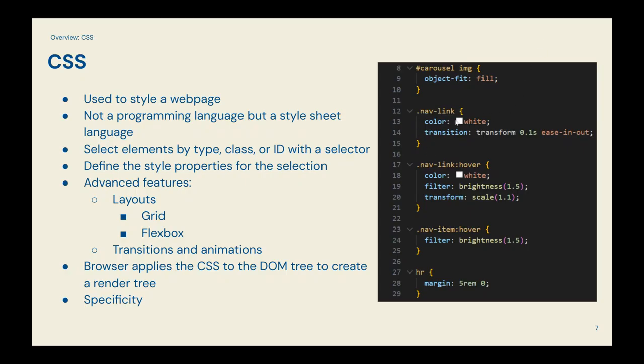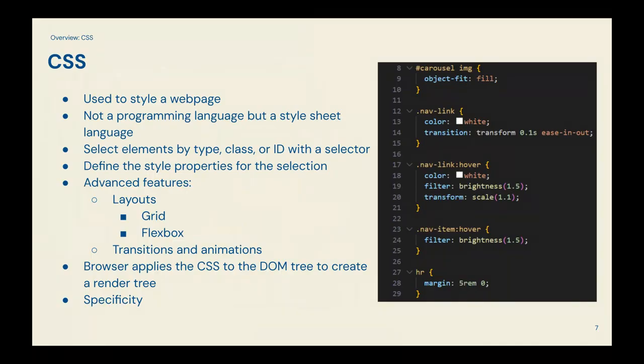So here, this will be a navlink class, or the ID using a hashtag symbol, like on line 8, hashtag carousel. And within the brackets for each selector is where you'll define the actual style properties, which are very numerous. You can have color, margin, border, various text properties like color, alignment, and font, and many other things.